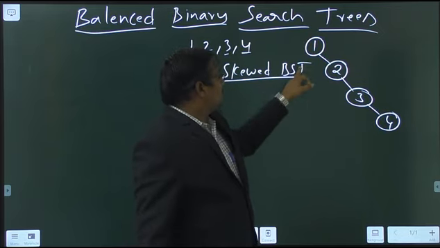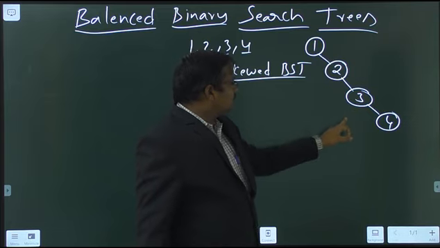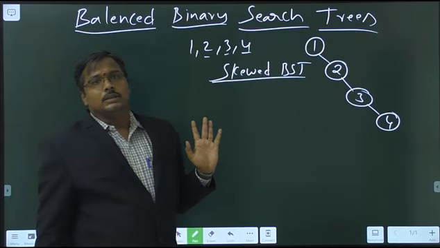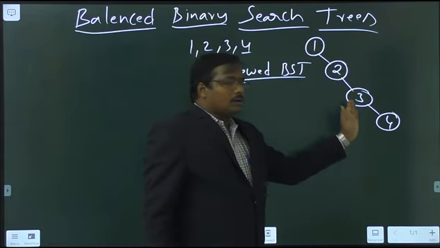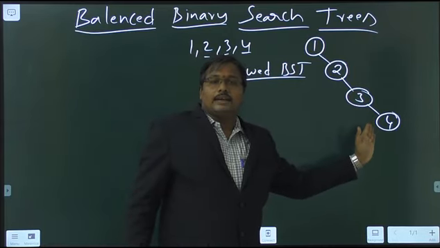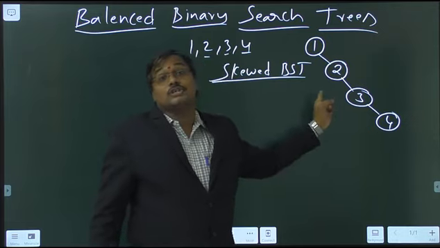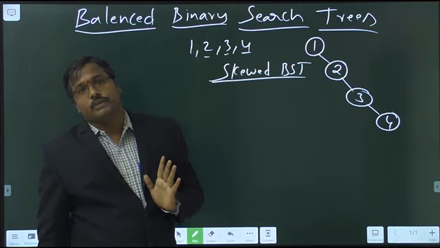There is no left child here, here, here, and there is no left or right child here. The majority of the nodes are inserted in only one direction, the right direction, so this kind of tree is called a right skewed binary tree.